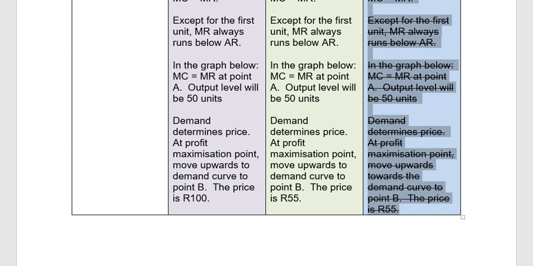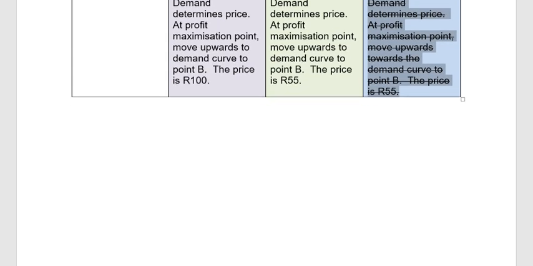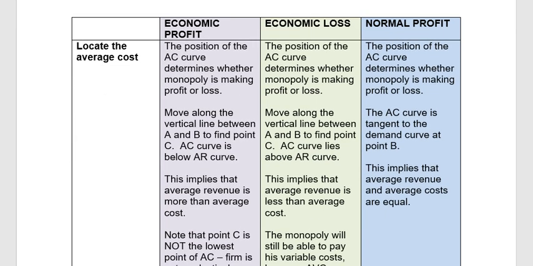Okay, the next thing that we're going to look at is the adding of your average cost curve. So again, remember, it is the position of your average cost curve that is going to mean that you are making an economic profit, an economic loss, or a normal profit. So the position of the average cost curve will determine profit or loss.